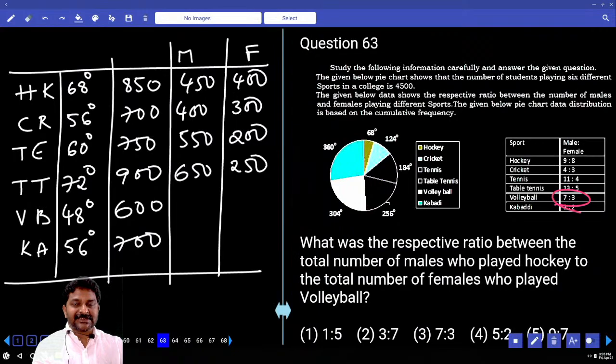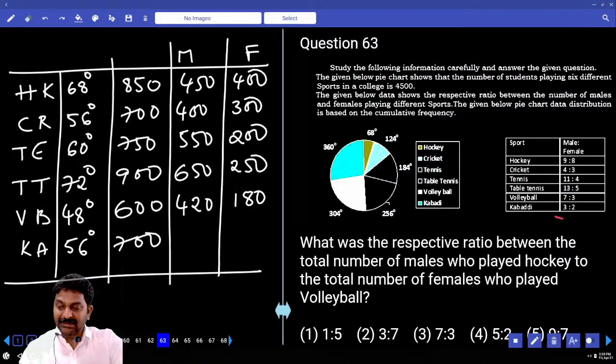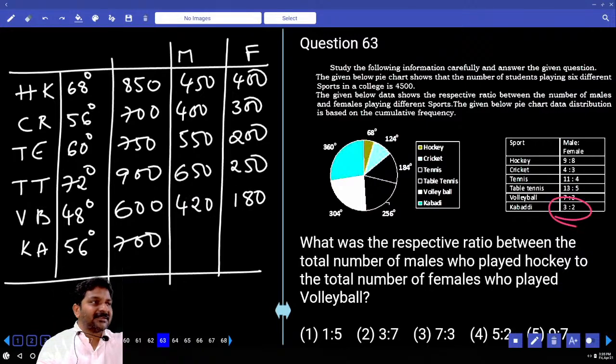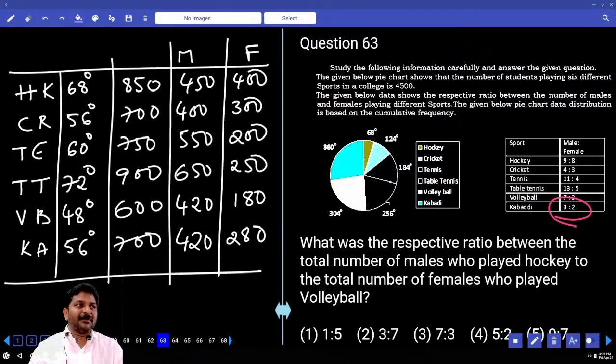Each part 60. 7 parts 420. Remaining 180. Next, 5 parts 140. 3 parts 420. 2 parts 280. Got it? Once the table is ready, I hope you can answer all the questions.